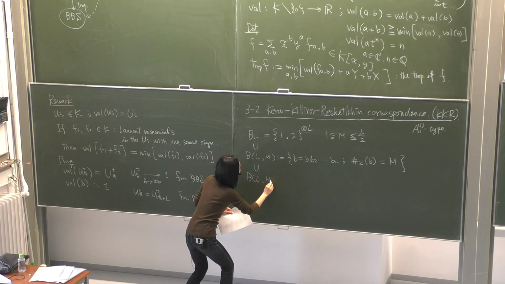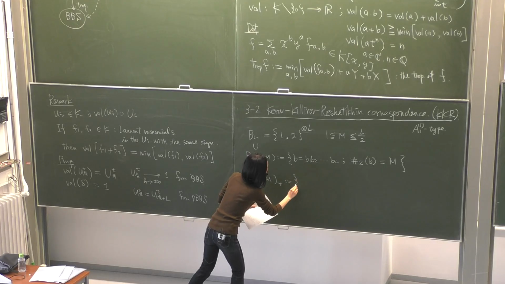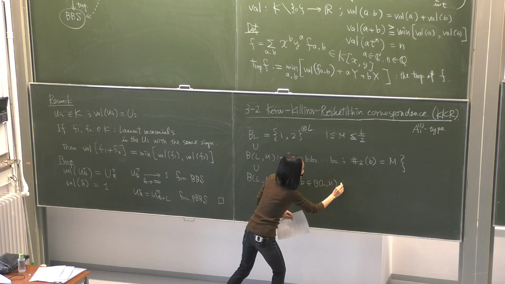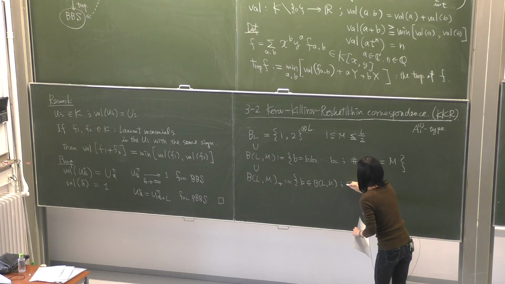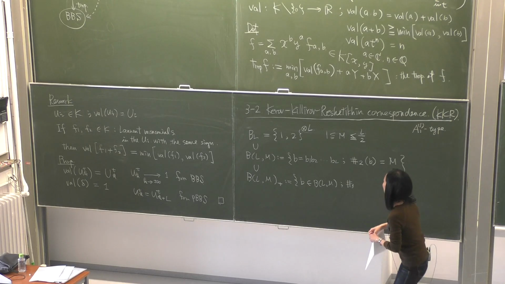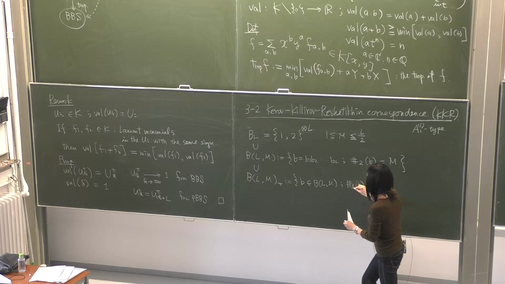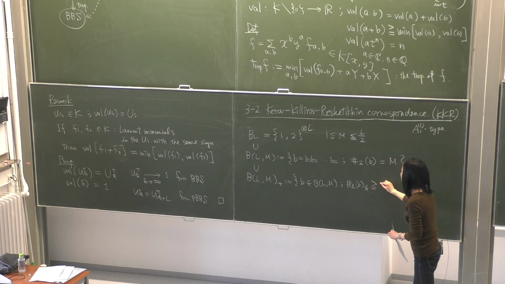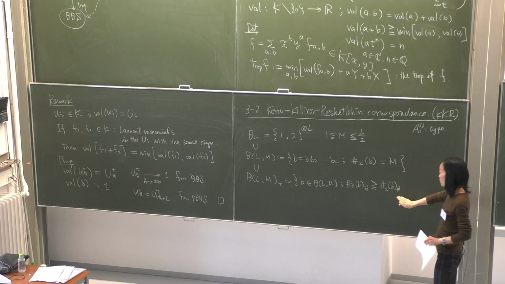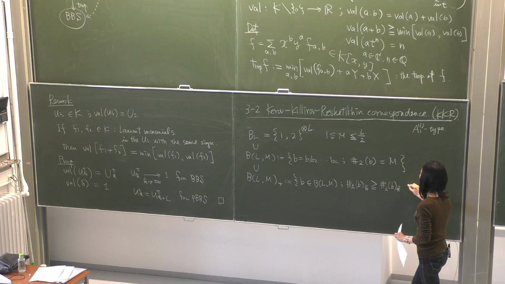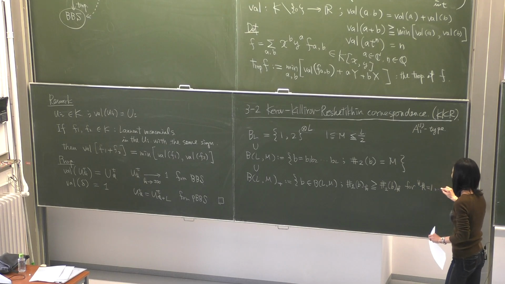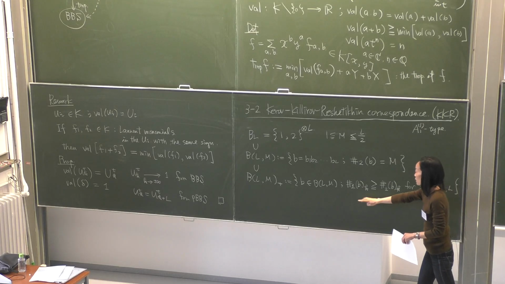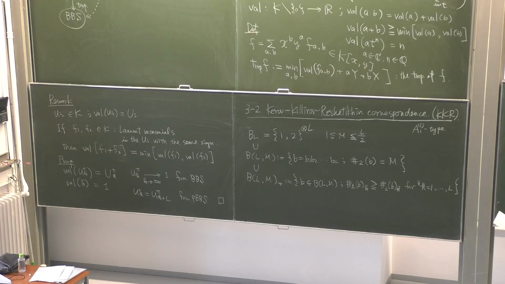B_{L,M}^+ means the sequences B in this B_{L,M} such that the number of 1 in the sequence up to K from the left is always bigger than the number of 2 in the sequence of the same length from the left, for all K from 1 to L. So you count the number of 1 and 2 from the left, and the number of 1 is always not less than the number of 2.